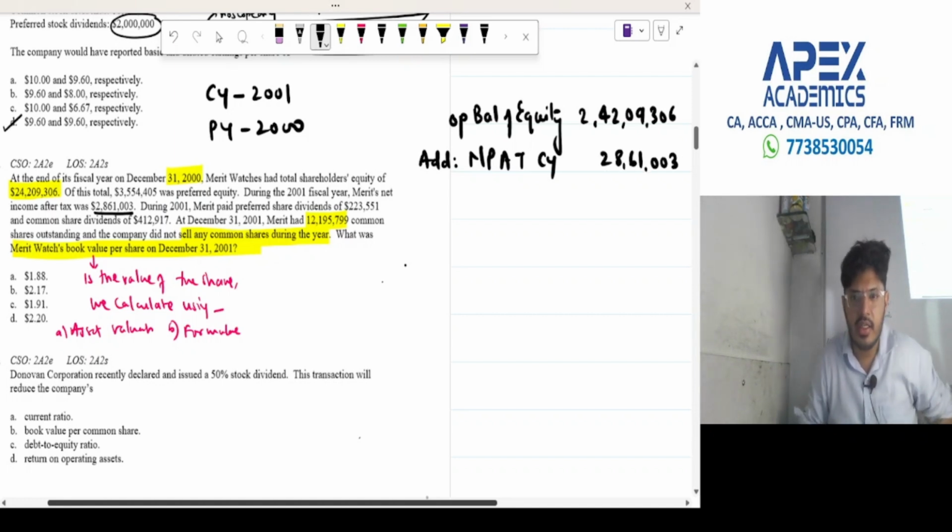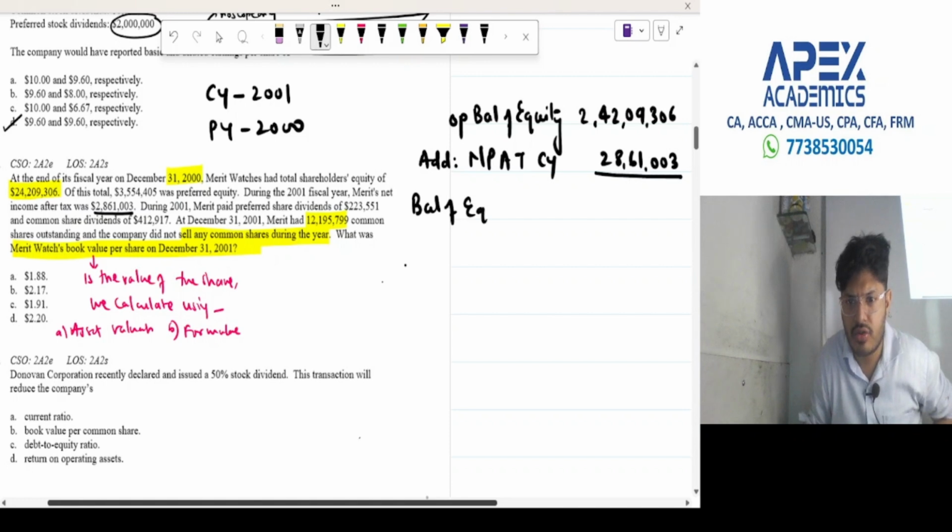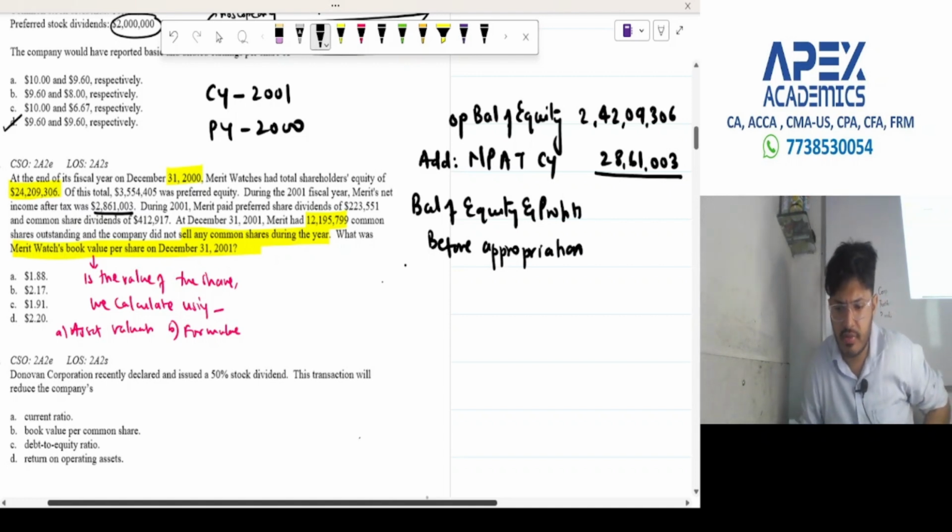What I have over here is the balance of equity and profits before appropriation. Please take a total of this and give me the answer.